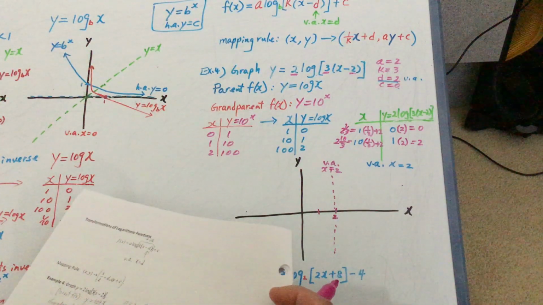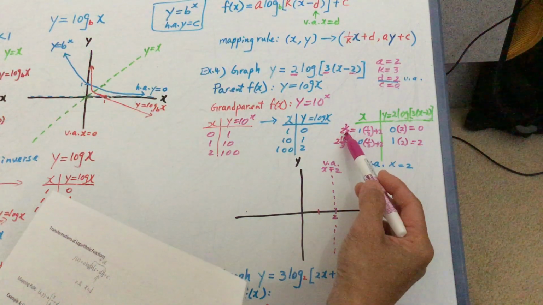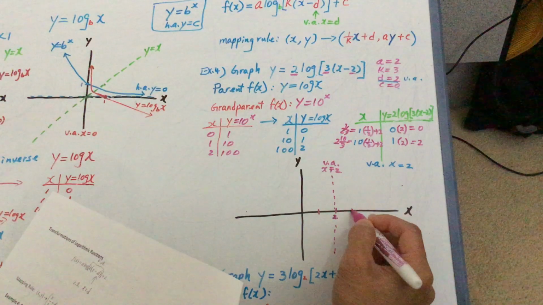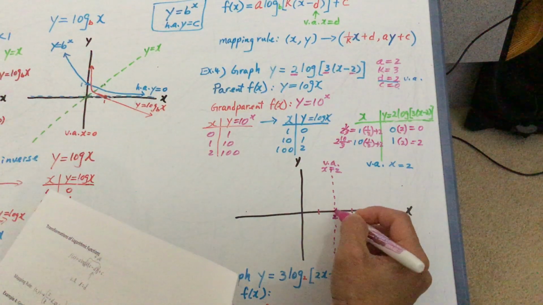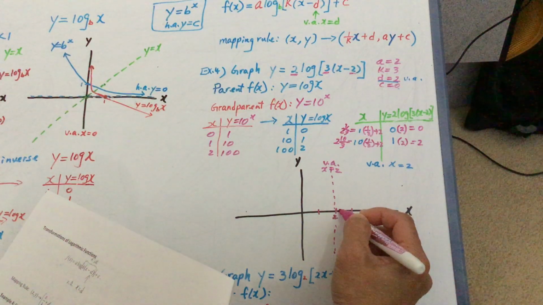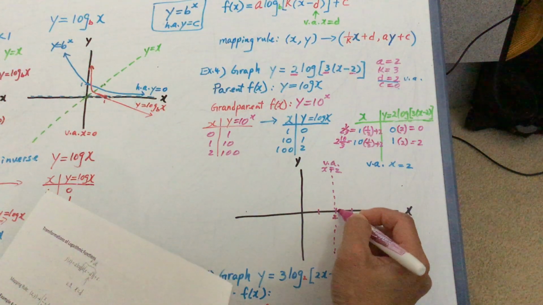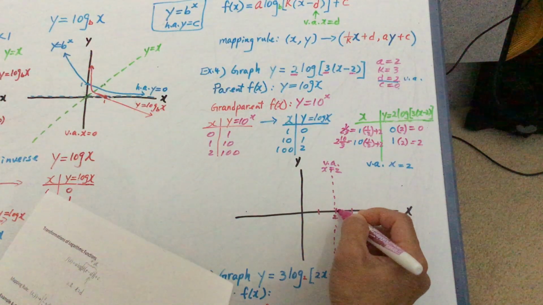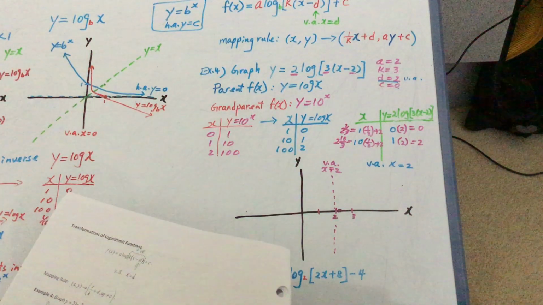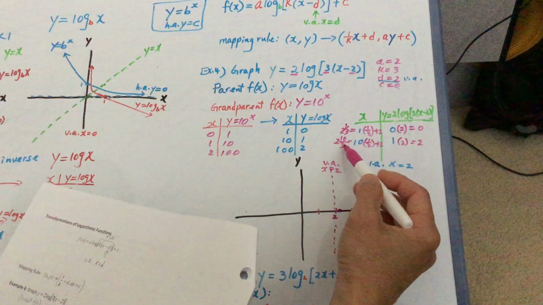The first point here is 2 and 1/3, so it's a little bit over, and the y is 0. That means I'm going to have an x-intercept very close to the 2, at 2 and 1/3.